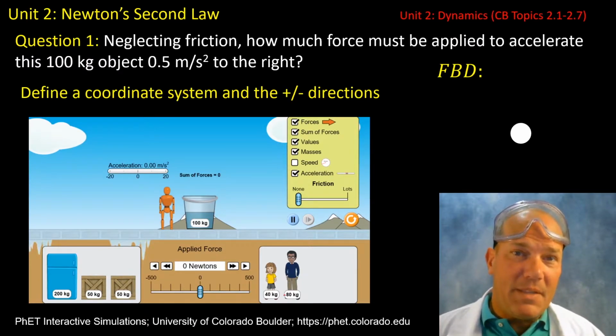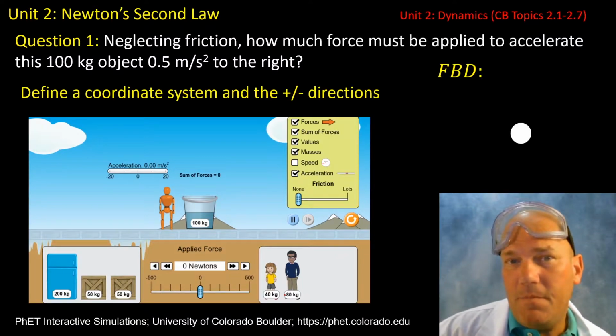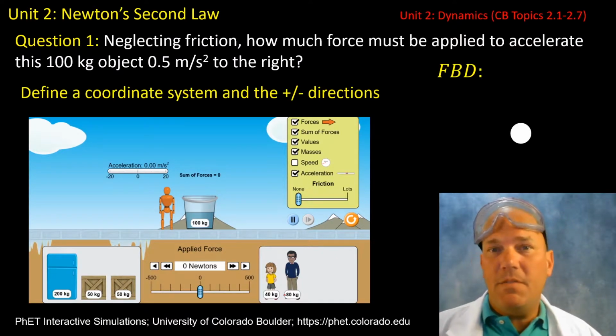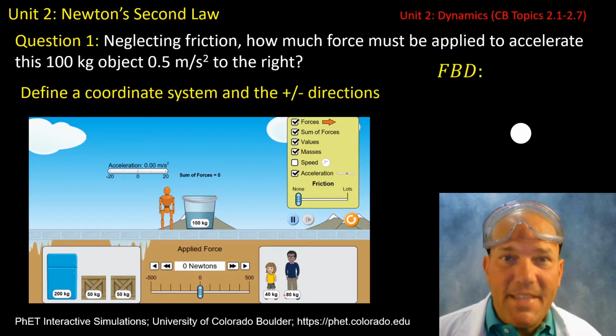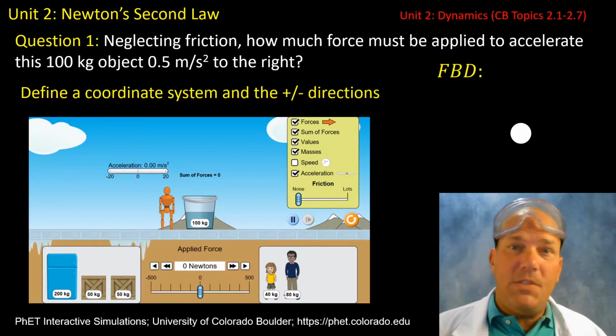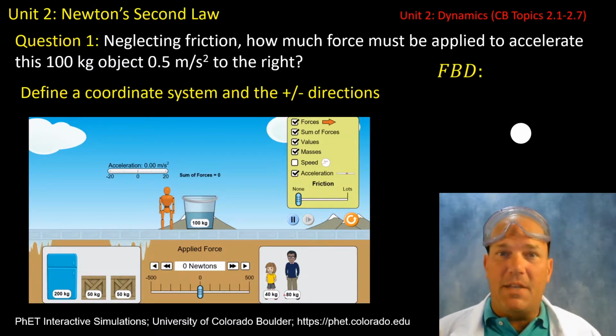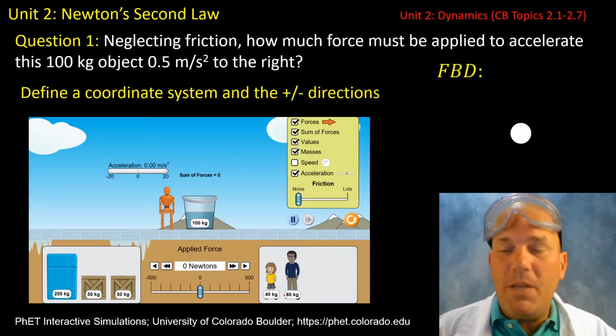So typically, we will call to the right positive, to the left negative. We will call up positive and down negative, and indeed that is what we will do for this problem. However, there are times where we will call down positive and up negative, depending on the situation.